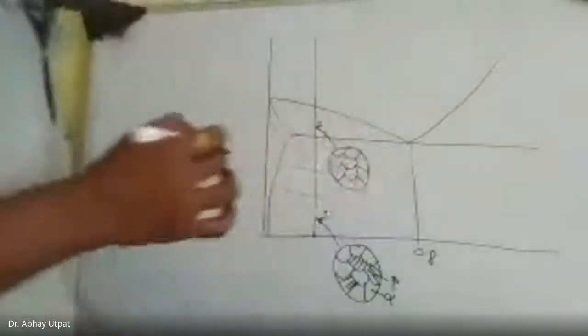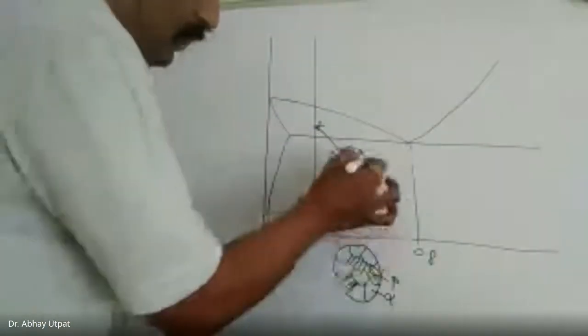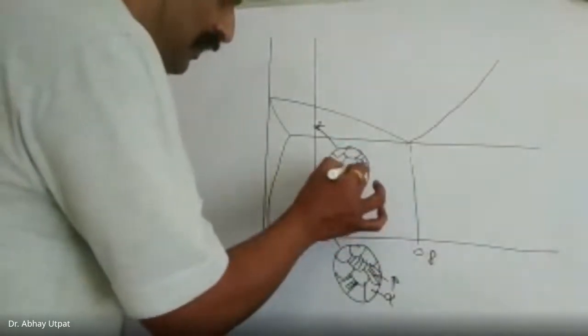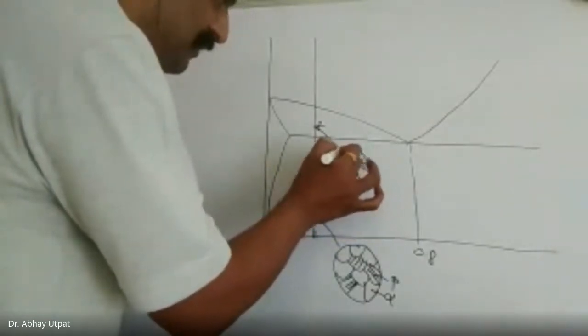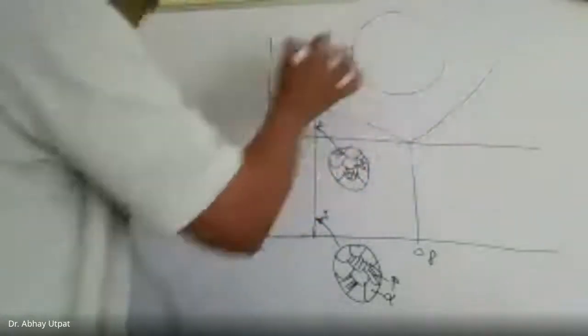If you understand, metallurgy is a very easy subject. So where there is pearlite, I will draw some small grains of austenite. I will show here for your understanding.